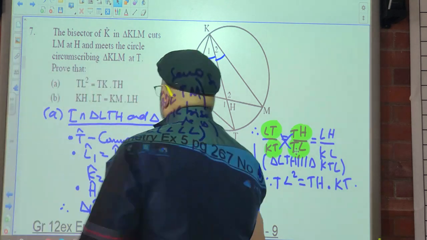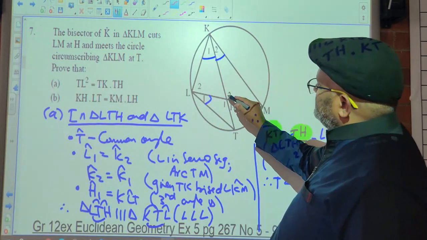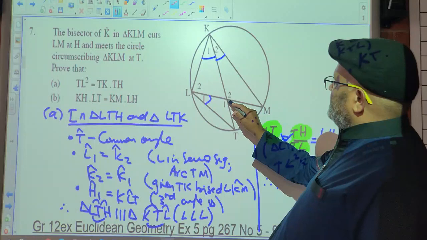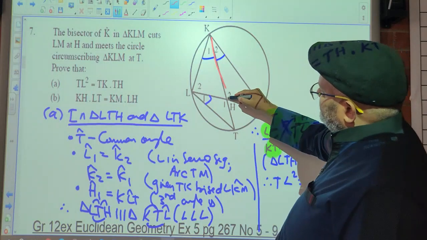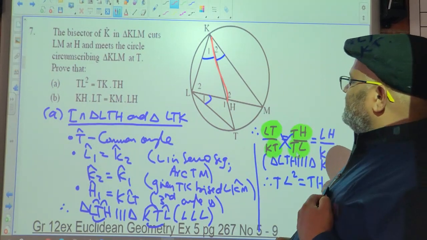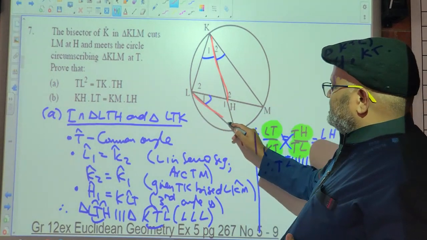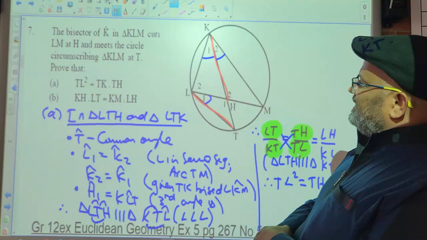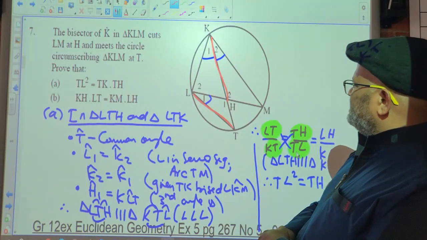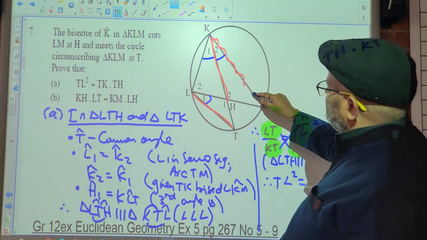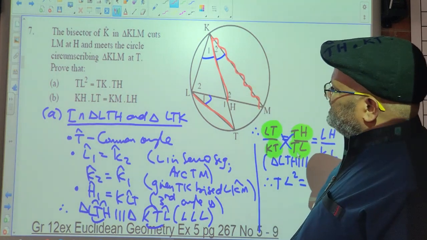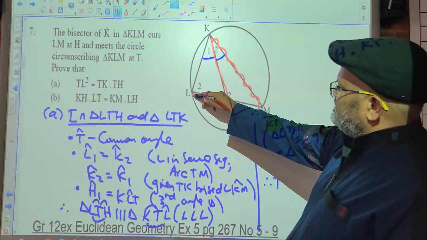Right, so KH, which is this here, there. LT, I've worked with LT, but there is LT, KM, which is this here, and LH, which is this here.